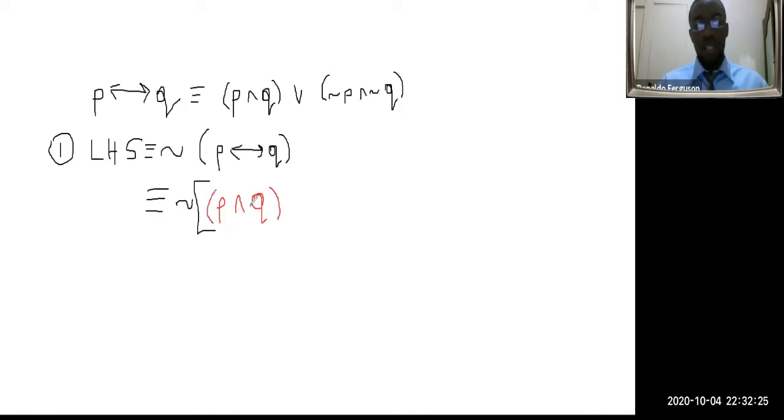And it's the same as P and Q, or the negation of P and the negation of Q. So that's what we have.